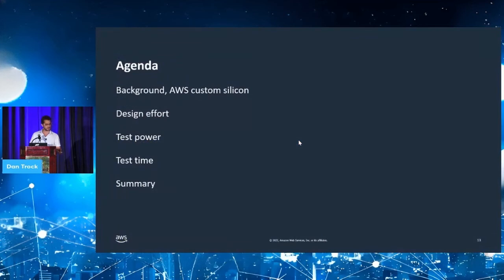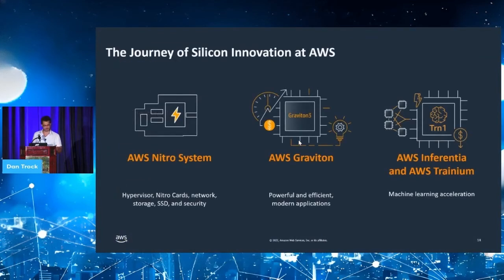Let me take you on a short journey of silicon innovation at AWS first. We have three main product lines at AWS, and it all started with the AWS Nitro system, which is basically a smart card that offloads the main server and runs various network-related, storage-related, and security-related tasks to free up the server to run only the user's workloads.